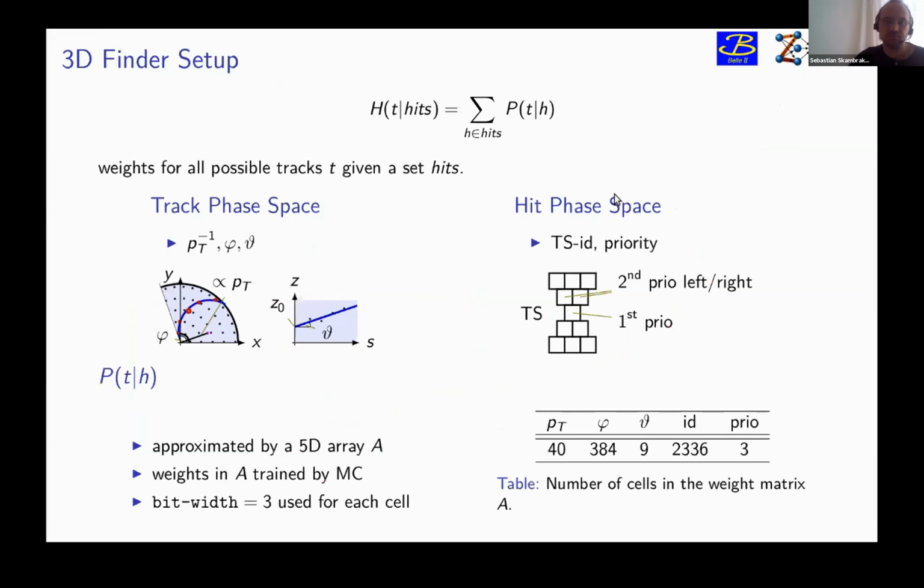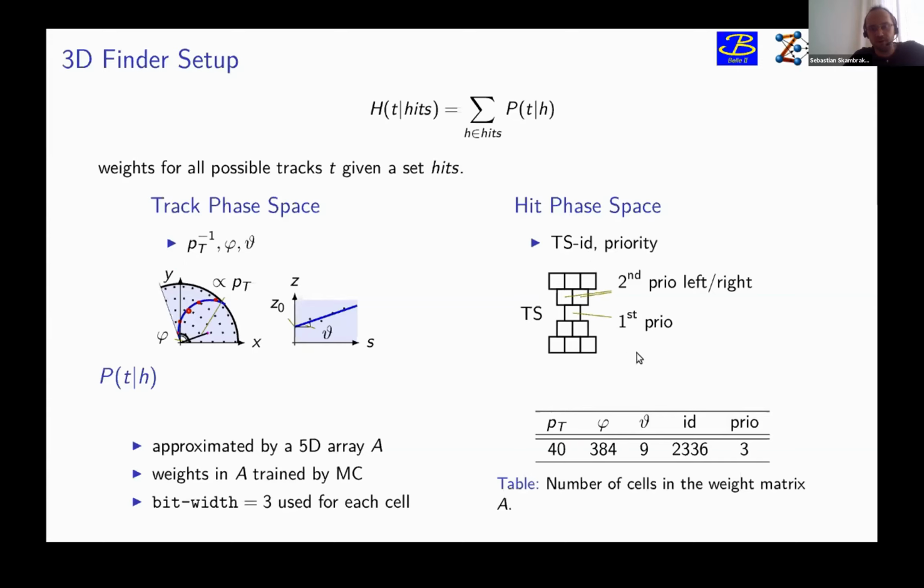And now more details on the setup of this 3D finder. We represent the structure P of T, track given a hit, as a 5-dimensional array with 3 dimensions for the track phase space, this is inverse pT, phi, and theta, and 2 for the hit phase space.